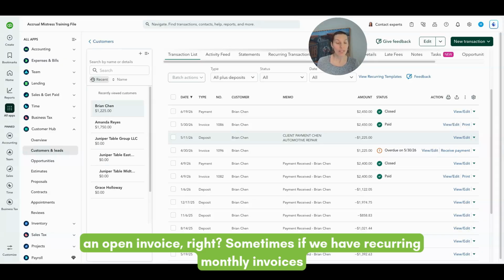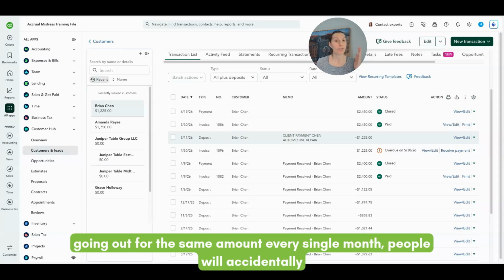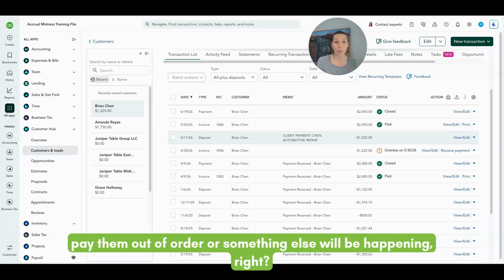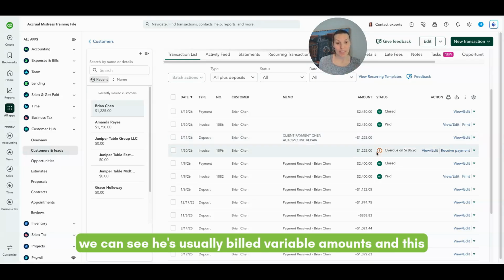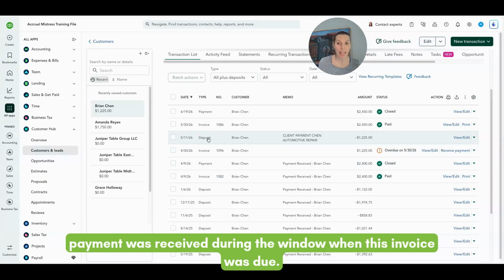Sometimes if we have recurring monthly invoices going out for the same amount every single month, people will accidentally pay them out of order or something else will be happening. But if in this instance we can see he's usually billed variable amounts and this payment was received during the window when this invoice was due.